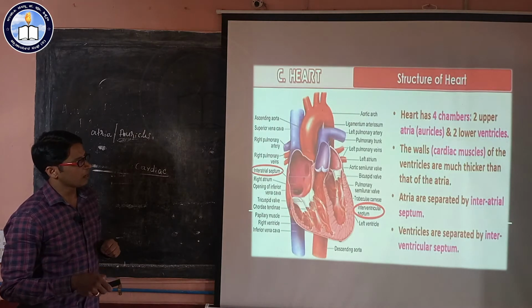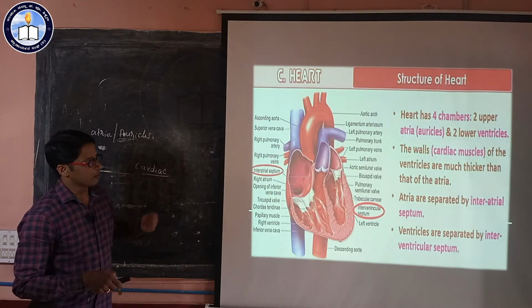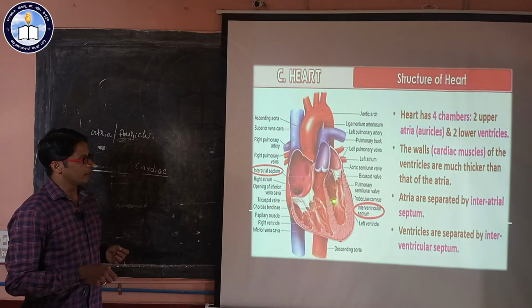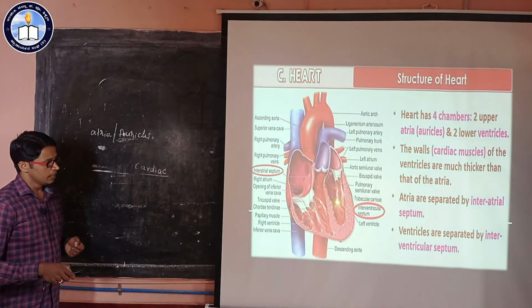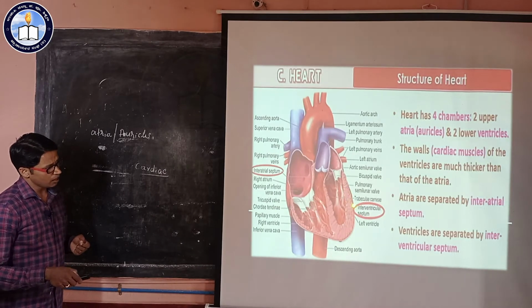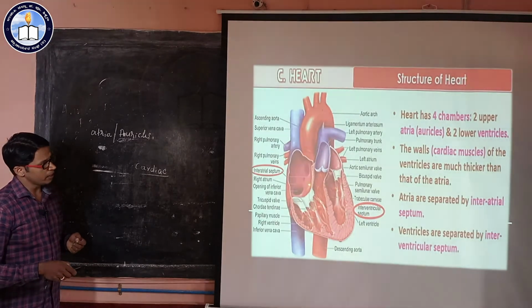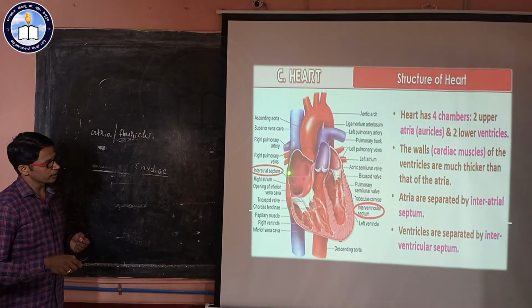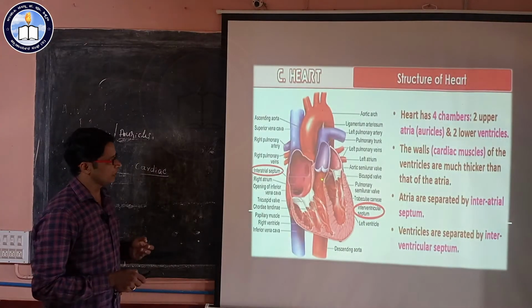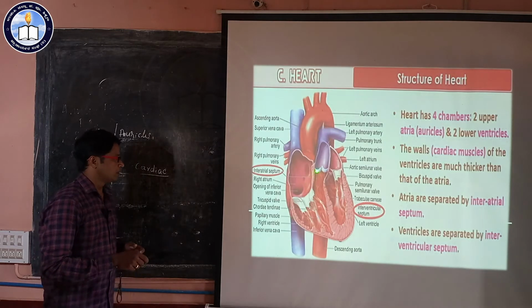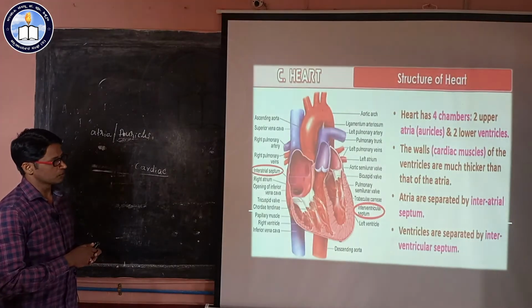The walls of the ventricles are much thicker than the walls of the auricles.